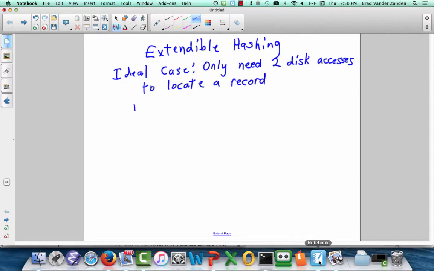So you'll require 1 access for the index, I'll call it the index block, and 1 access for the records block.